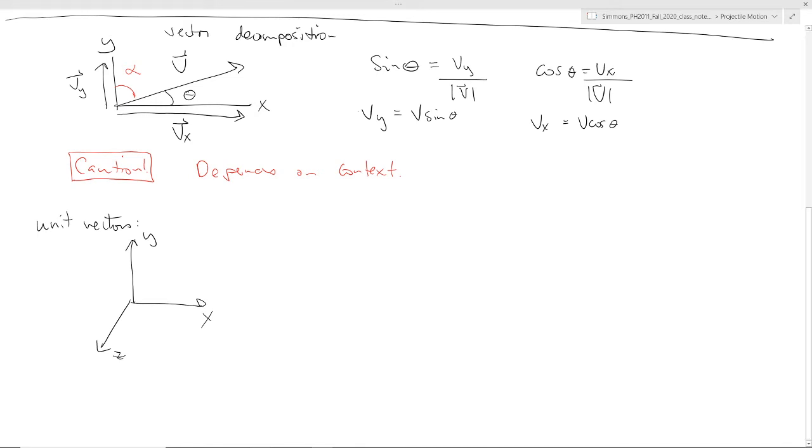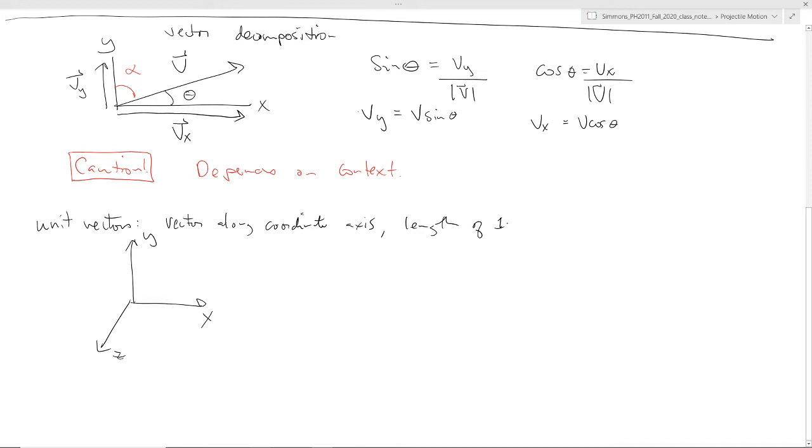So a unit vector is a vector along one of your coordinate axes, and it has a length of 1. And you can think of this as sort of a label that's telling you the direction that something is going.